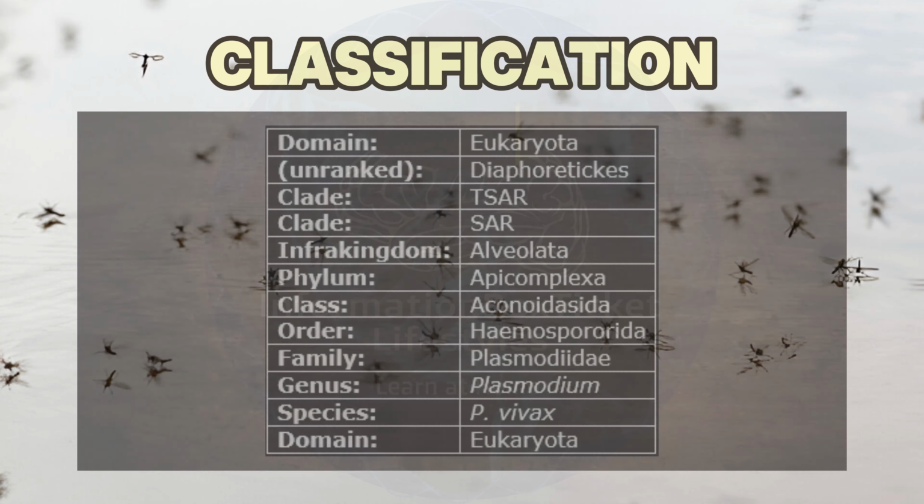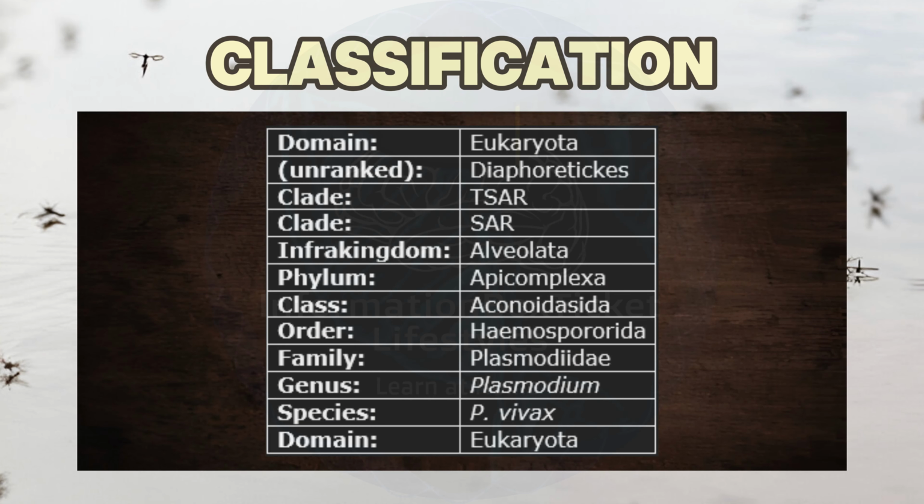Classification of Plasmodium vivax. Plasmodium vivax is a eukaryotic organism classified within the unranked group Diaphoretickes. Within this group, it falls under the clade TSAR, which stands for the group's constituent members: telonemids, stramenopiles, alveolates, and Rhizaria, and more specifically, the clade SAR.